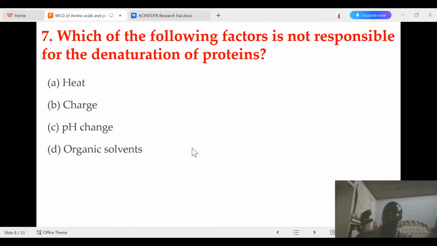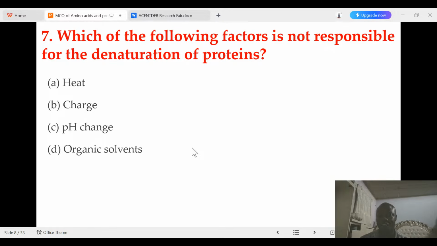So when we say protein, generally proteins have four levels of structure. We have the primary structure, the secondary structure, the tertiary structure, and the quaternary structure. Protein structure can be affected through denaturation. Denaturation is when the protein loses its three-dimensional structure, and whenever that happens, the function of the protein will be lost.